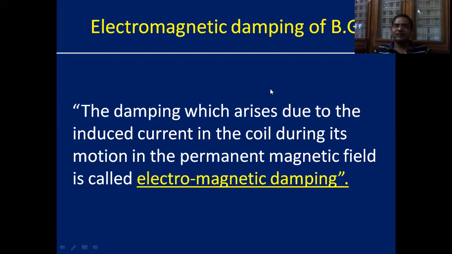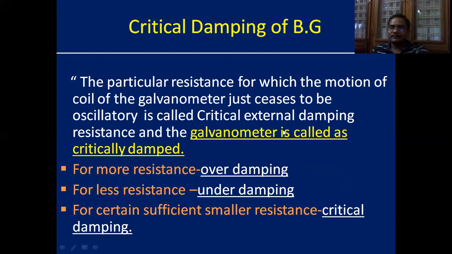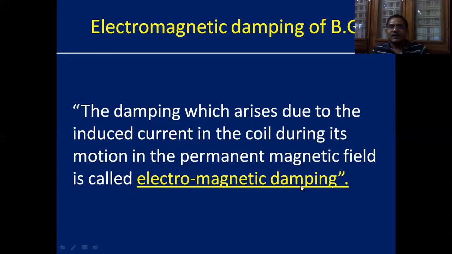Then EMF will be induced. According to Lenz's law, the EMF induced in that coil will oppose the motion of that coil. That type of damping is called electromagnetic damping. So therefore, it is due to the induced current in the coil during its motion in the permanent magnetic field.